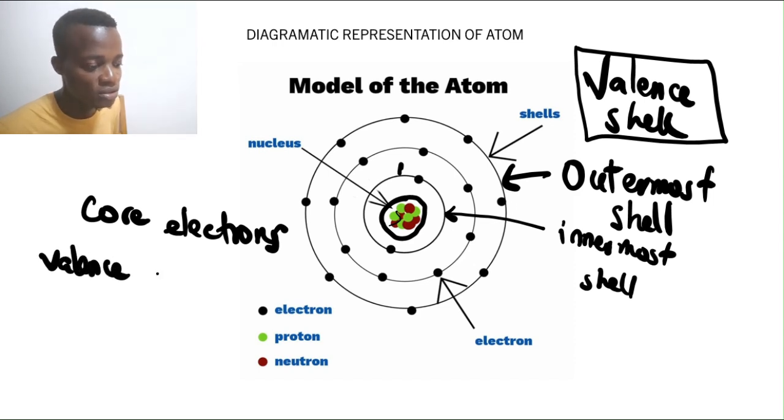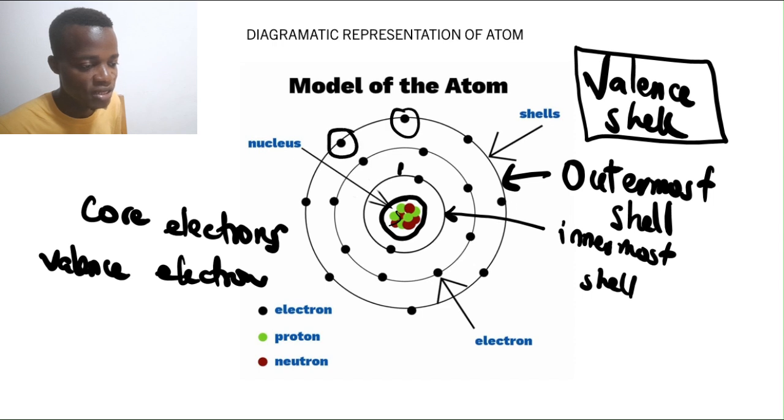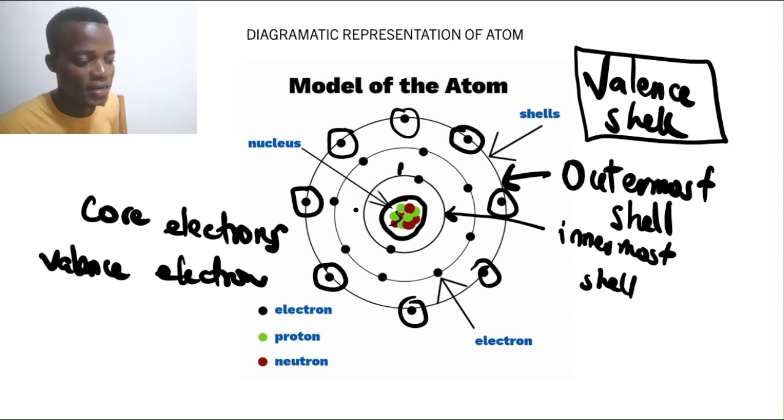In this case, you can see these valence electrons around it, one, two, three, four, five, six, seven, another one. But all the other ones that are inside, in the inner shells, are called core electrons, right? The outer ones have the special name: valence shell, valence electrons.